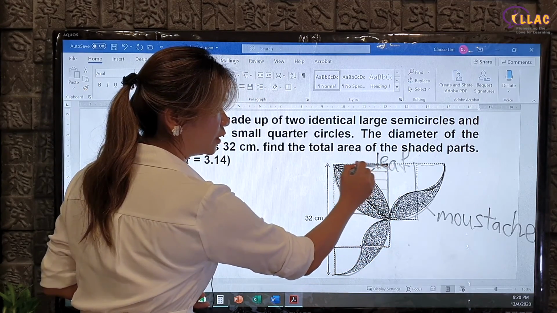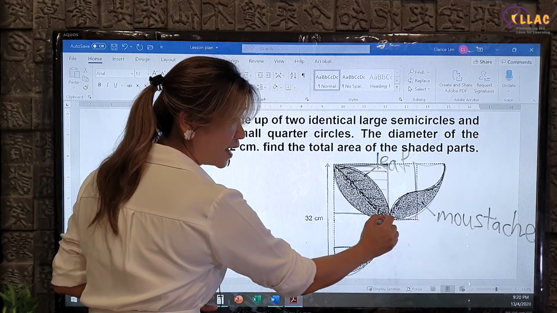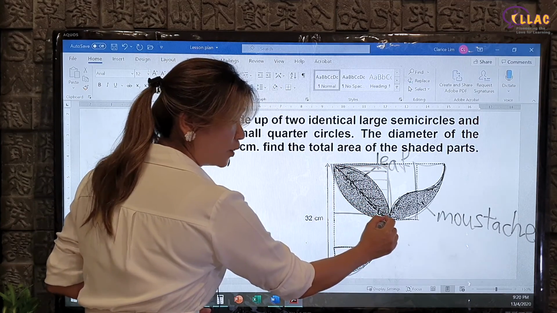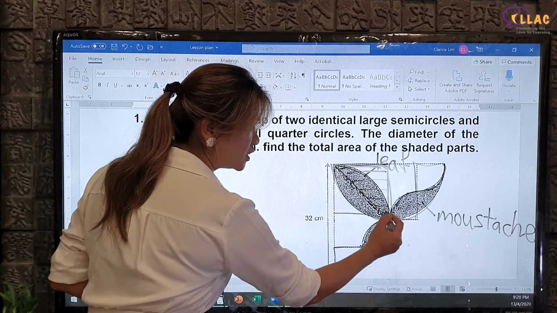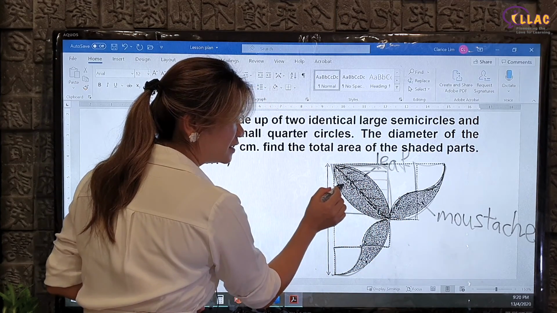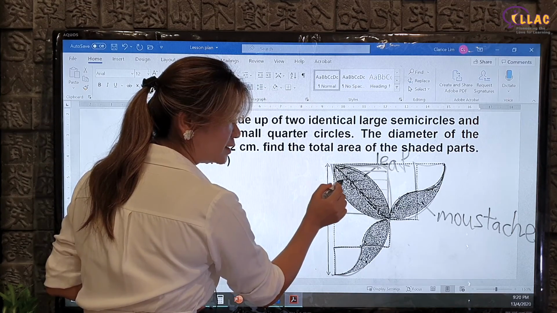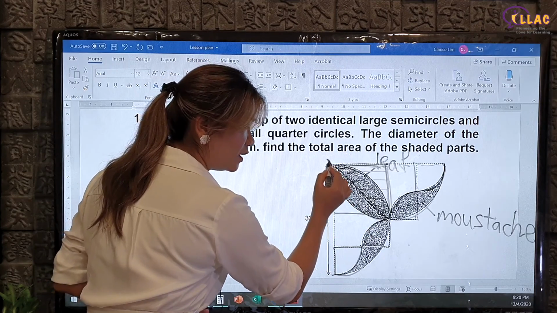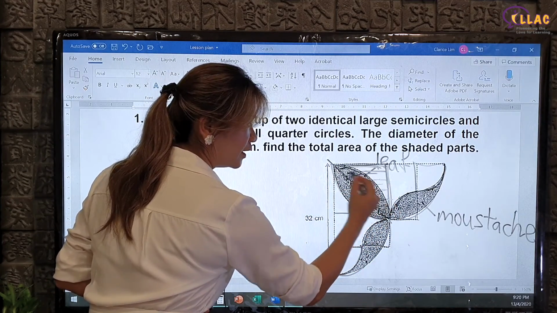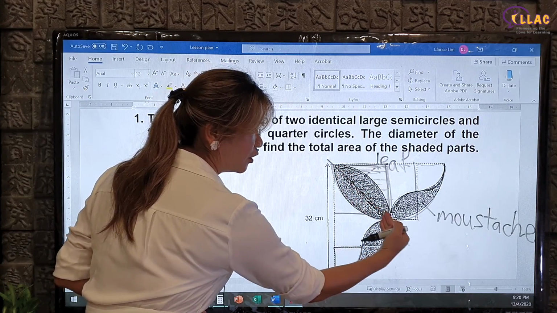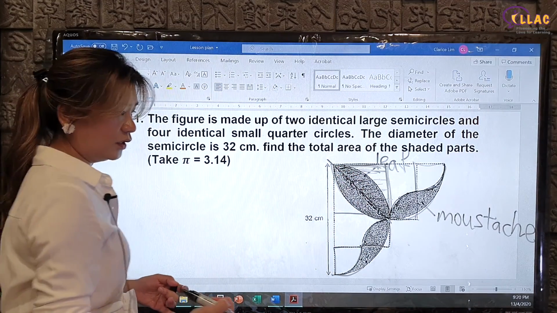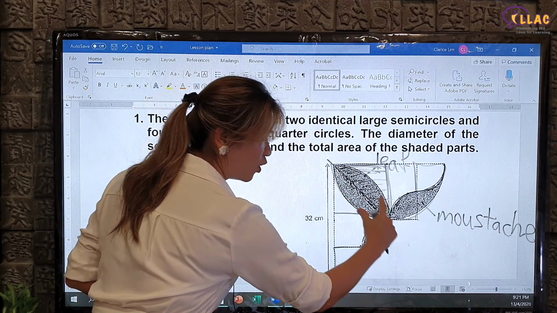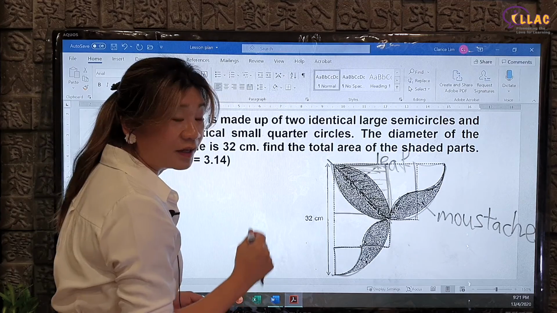If you find the area of this quadrant and minus off this triangle, you will find this part of the leaf. Once you find this part of the leaf, you times 2 and you get the whole entire leaf. Am I right?